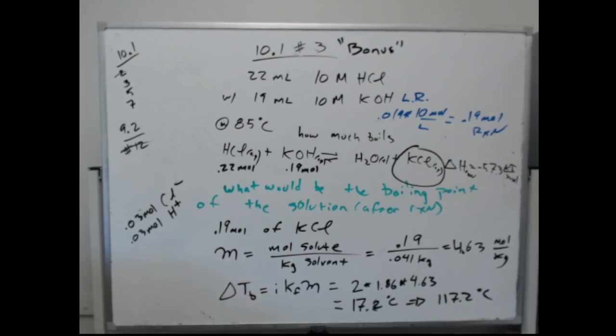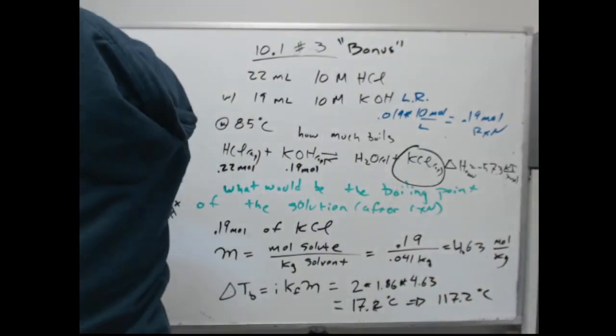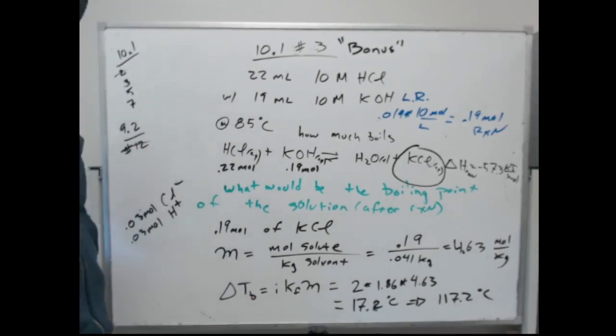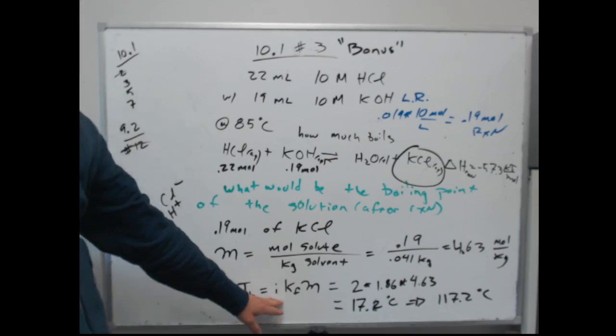But what was the i value actually? The i value is the van 't Hoff factor. A lot of people had trouble with that in class as well. It's just like the ion number. Remember that boiling point change is a completely entropic effect, and so this is like an entropy scaling factor.